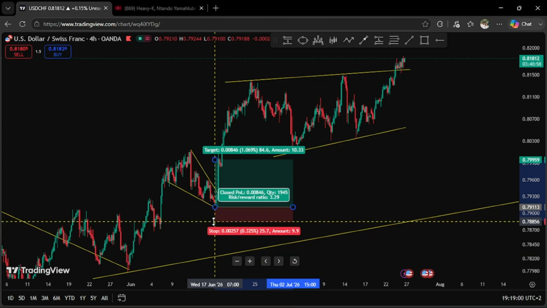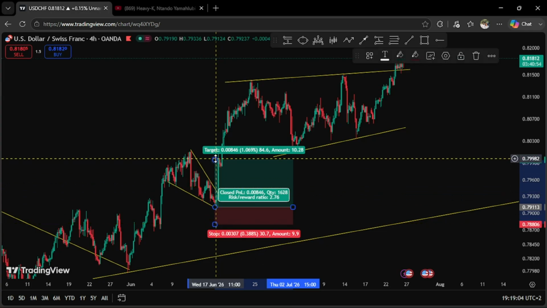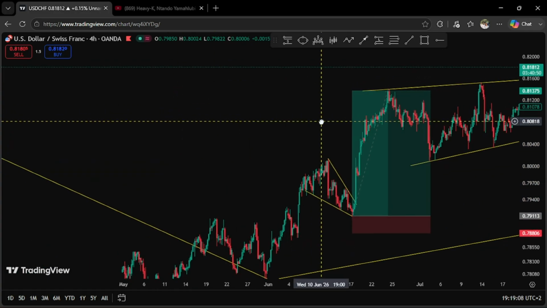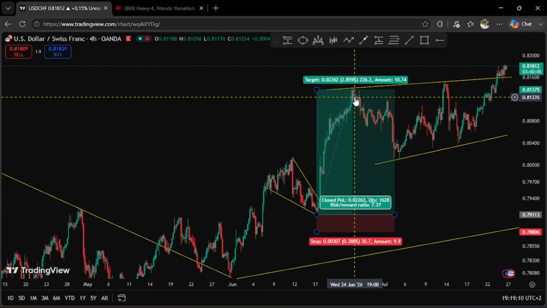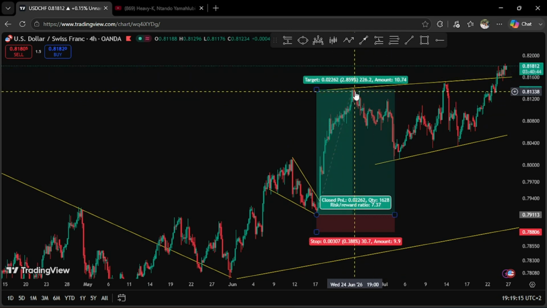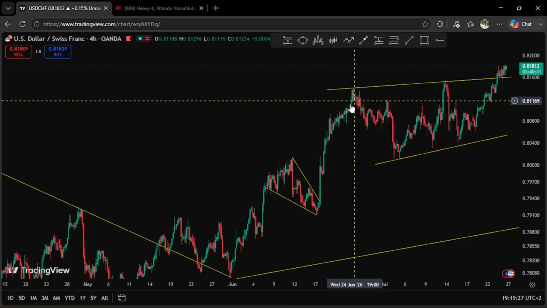Let's say I like to keep my stop loss at least 30 pips, and then you would have a target somewhere here, because you target based on previous market movement. So you would have gotten out with 226.2 pips, and a risk to reward ratio of 7.37. So you would have made money out of this.